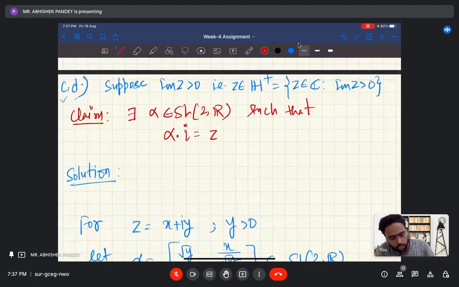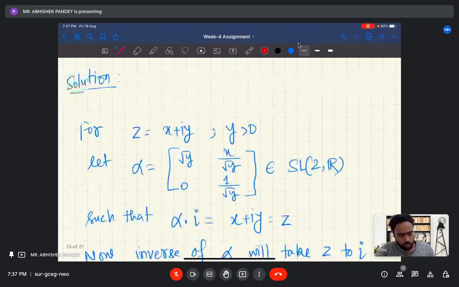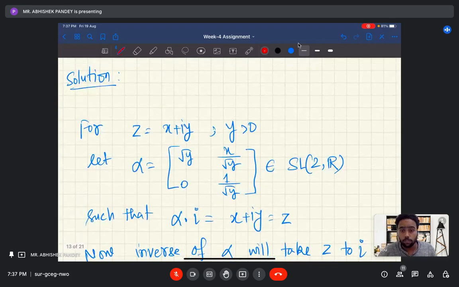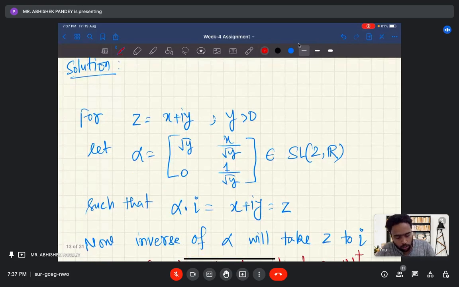Suppose the imaginary part of z is greater than 0. Our claim is there exists an alpha in SL2(R) such that this is satisfied. It is easy to construct such an alpha. Let z equal x plus iy, where y is greater than 0. Now take alpha equal to the matrix with entries root y, x upon root y, 0, 1 upon root y.